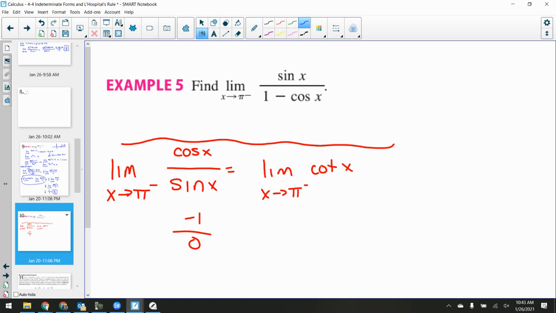And here's why. If I take the limit as x goes to pi of sine, what is that? It's 0. But what is the limit as x goes to pi from the negative side of 1 minus cosine?